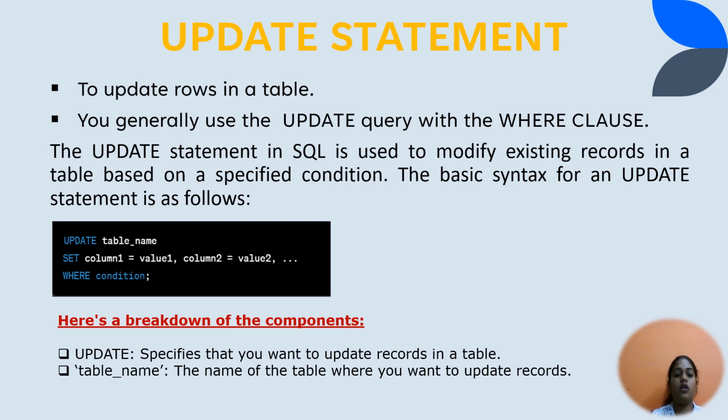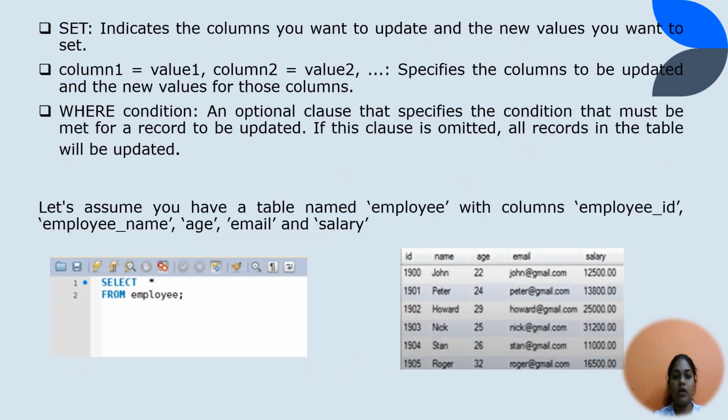Here is a breakdown of the components that have been mentioned in the basic syntax. UPDATE specifies that you want to update the records in the table. Table name: the name of the table where you want to update the records. SET indicates the columns that you want to update and the new values you want to set: column1 = value1, column2 = value2.